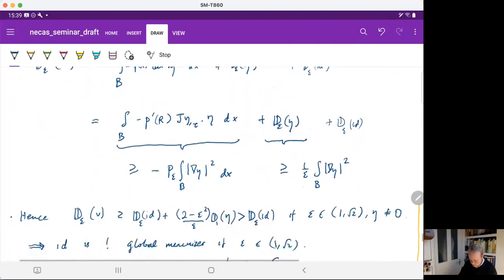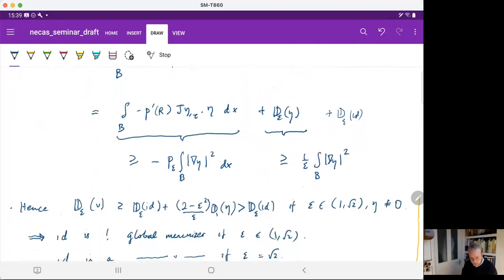So the upshot is that the energy d epsilon of v is bounded below by d epsilon of the identity plus something, and the something is just a prefactor times Dirichlet energy, and you see that the prefactor is positive exactly when epsilon is less than √2.